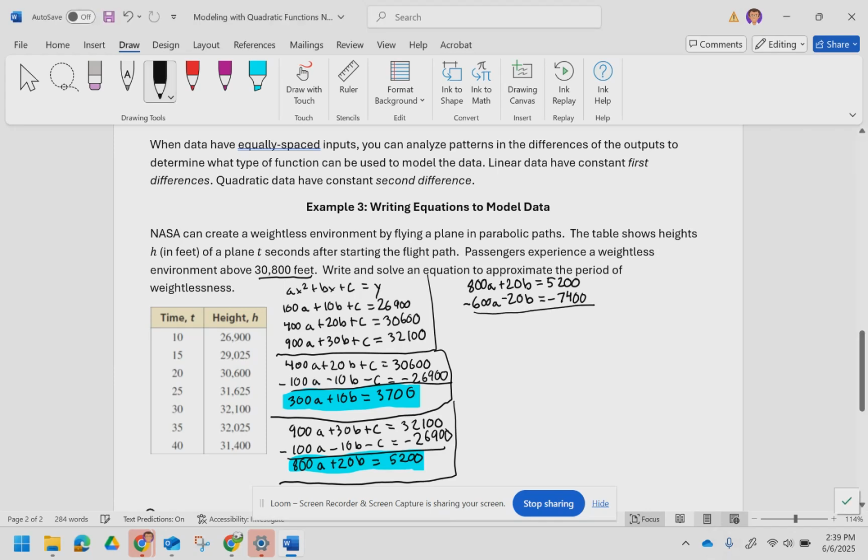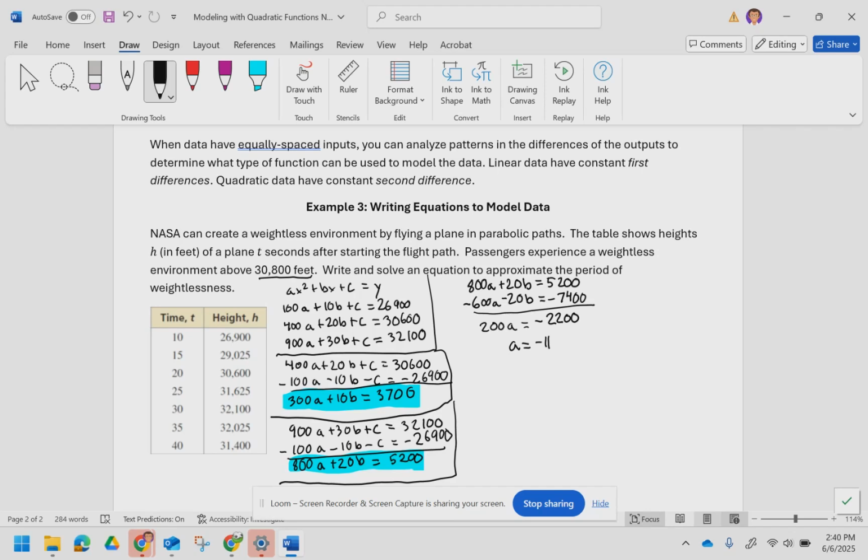Okay, so that's going to give us just 200a is equal to negative 2,200. So a, therefore, equals negative 11.